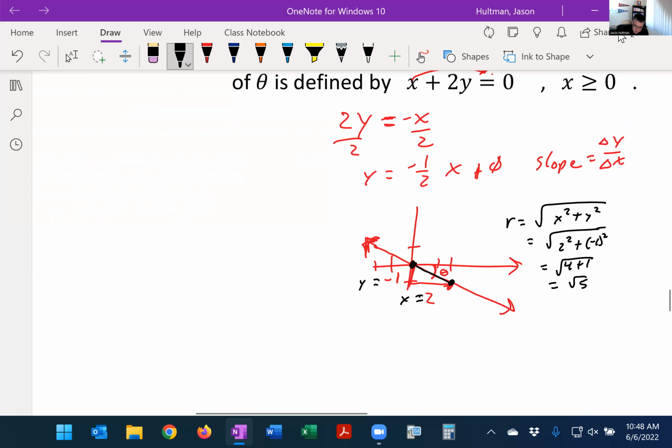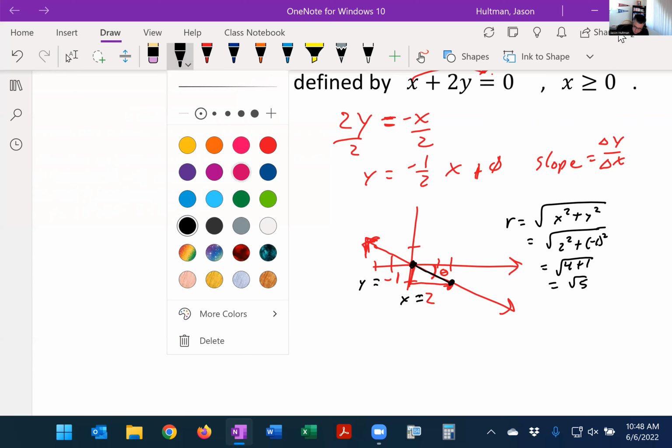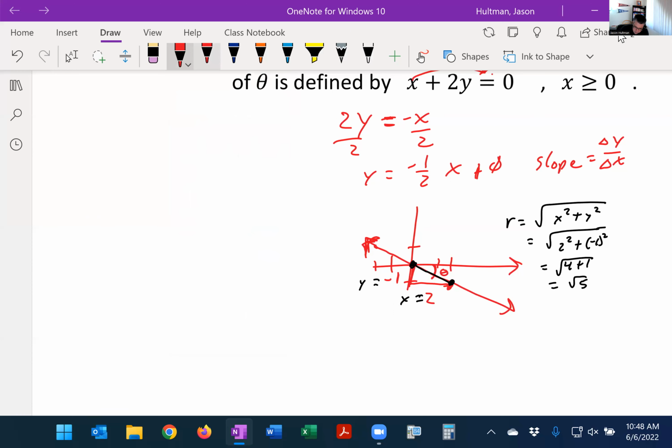So we want to know, what's the sine of theta? Remember, that was y over R. So this is going to be -1 over radical 5. And I can rationalize the denominator here if I want to, multiplying both top and bottom by radical 5.